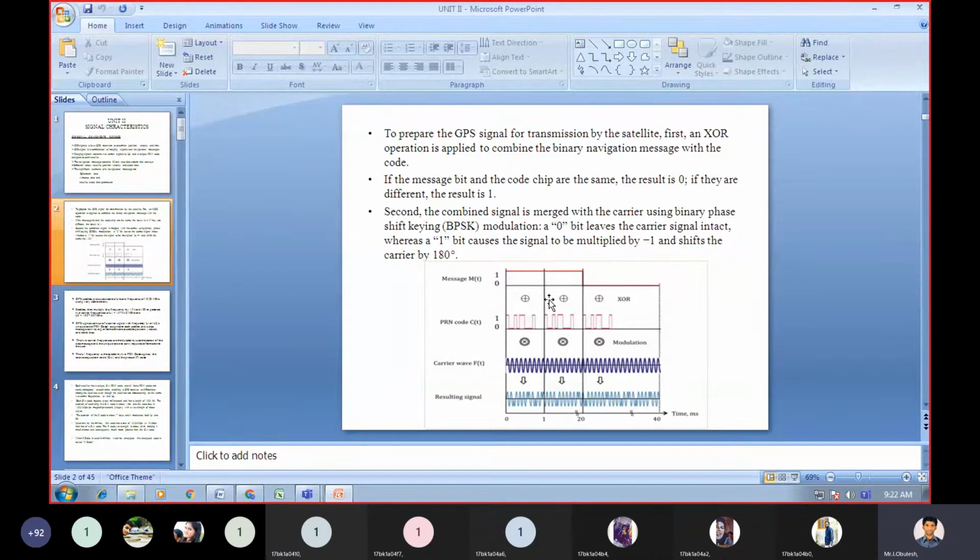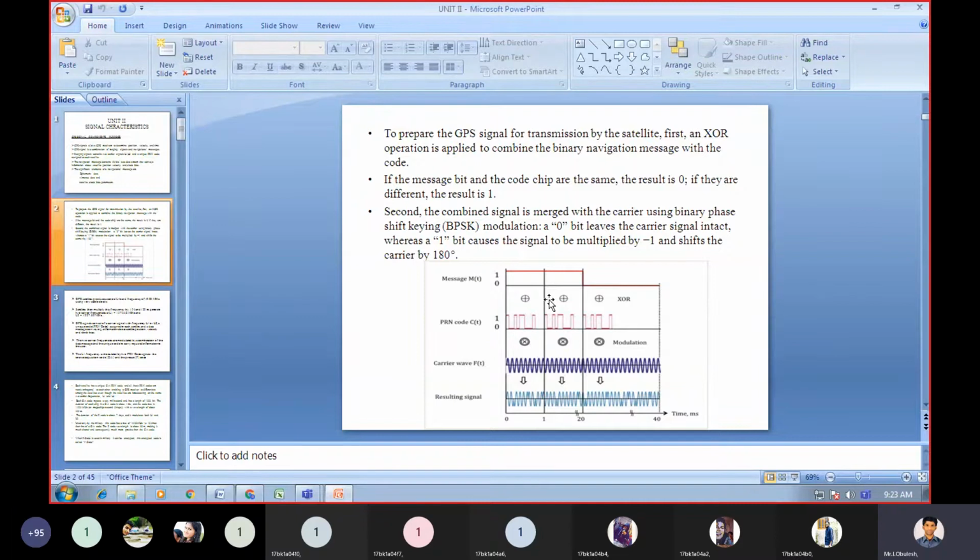If the message bit and the code chip are the same, then the result is 0.